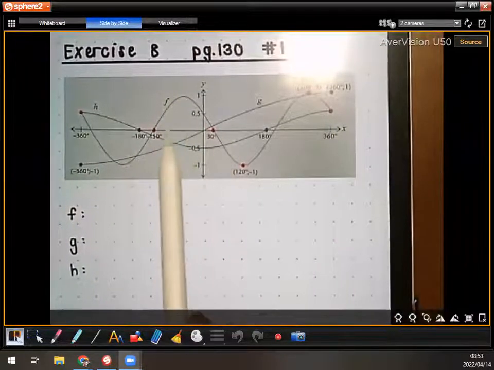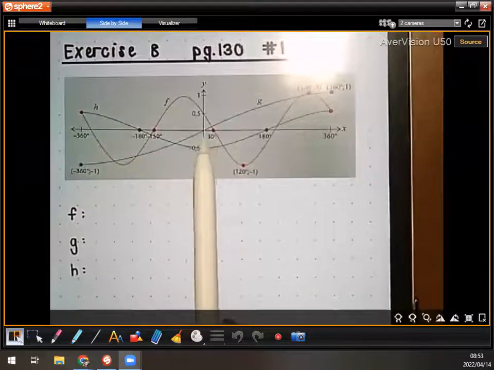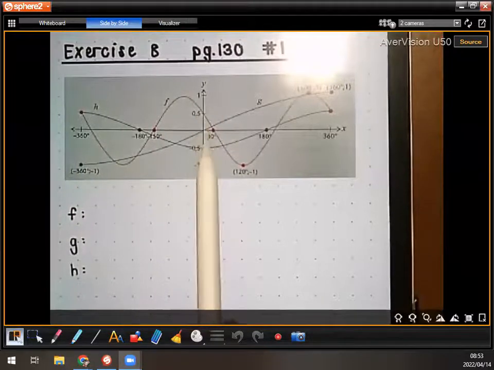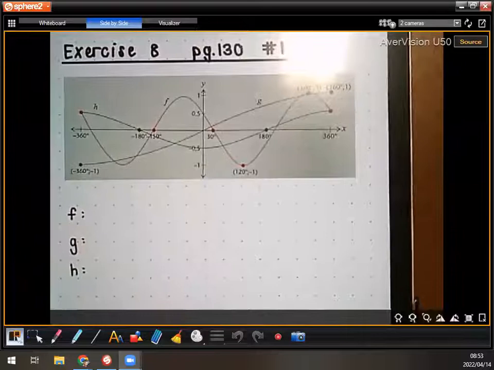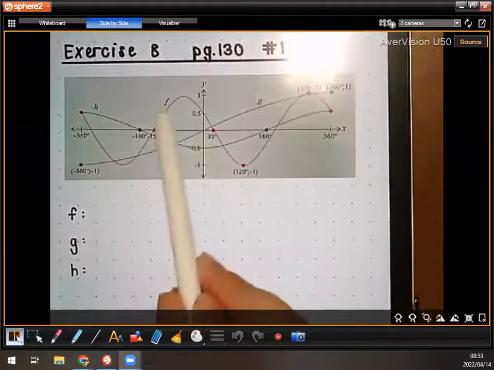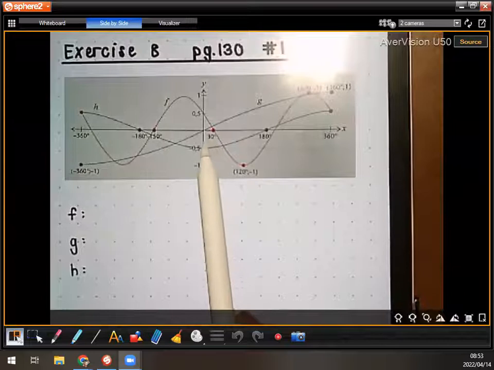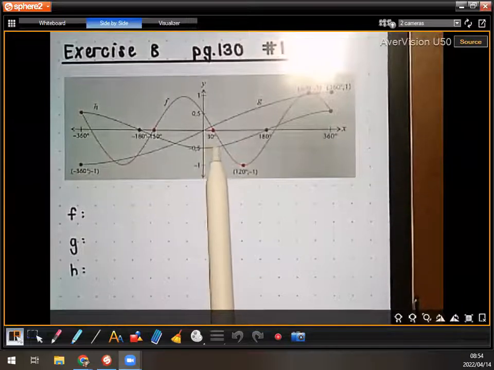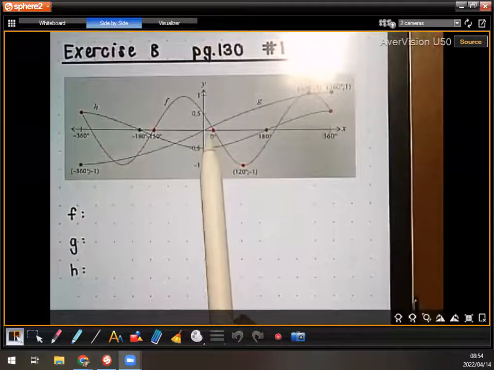Because guys, can you see that this F graph, there's nothing here at the origin. It looks like this graph has shifted to the side. That's what I meant when I say that it's quite easy to tell when a graph has shifted to the left or to the right. I think it's quite easy to see here that this graph has a point at 30. That's not normal, right? We don't normally have a point at 30 on a sine graph.